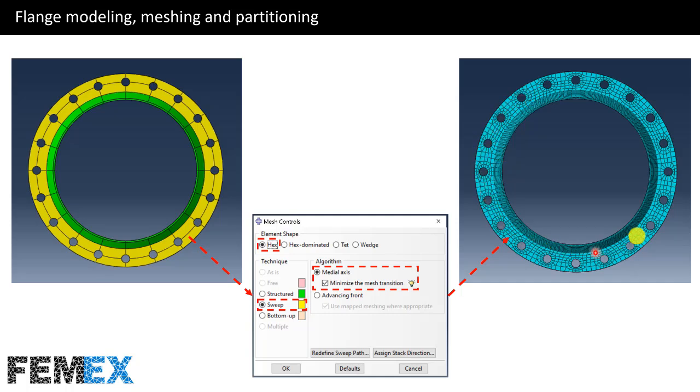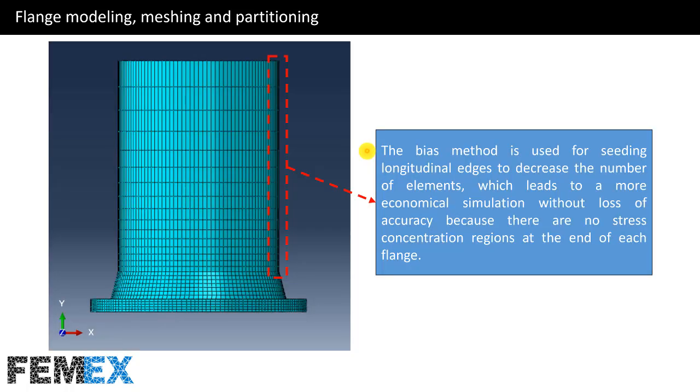But the element shape of all of the regions is hex, or hexahedral, or cubic. All of them are the same. And the bias method is used for seeding longitudinal edges to decrease the number of elements, which leads to a more economical simulation without loss of accuracy, because there are no stress concentration regions at the end of the flange.